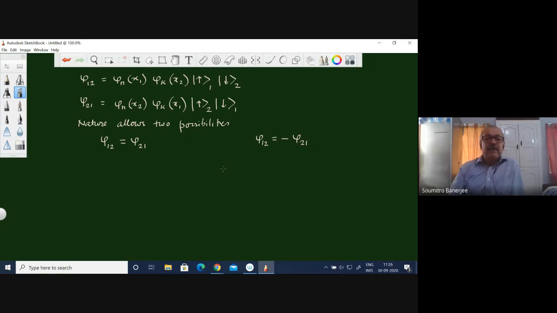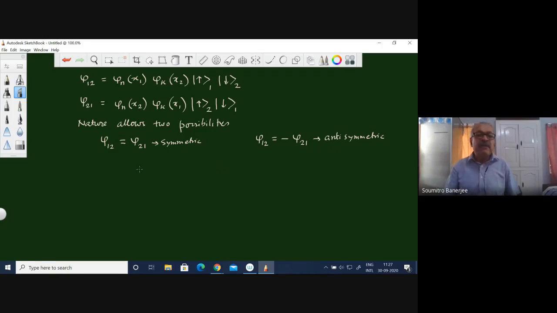But this is called a symmetric wave function, and this is called the antisymmetric. So these are the only two possibilities.